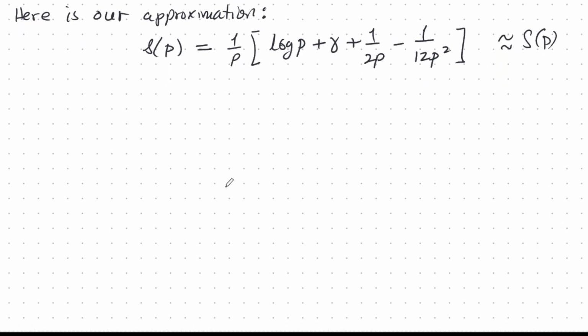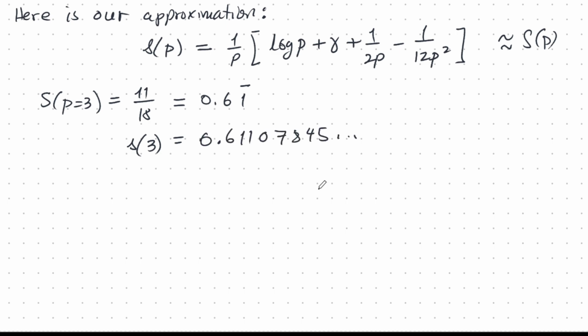Okay, let's try this out. Remember, S of 3 is 11 over 18, and this is 0.61111, like that. Whereas little s of 3 is, hey, not bad. We've got at least a few digits right, so that's pretty good.